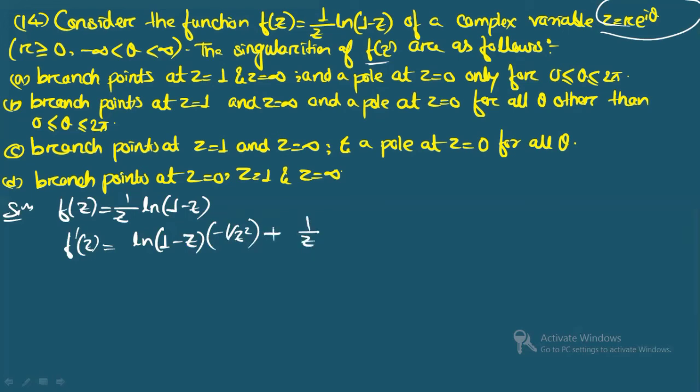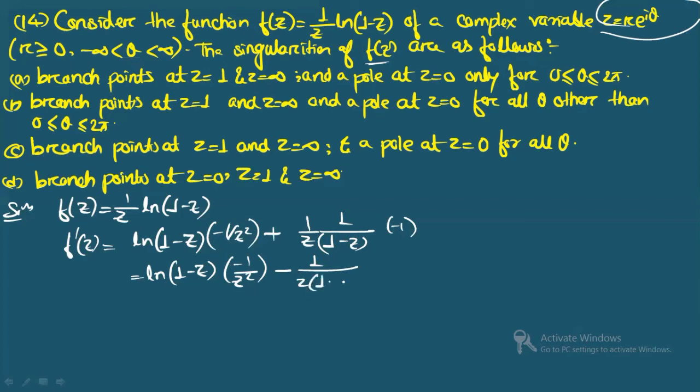Again, I'm taking plus; this time I'm keeping 1 by z constant, and ln(1 minus z) will give 1 by 1 minus z, and here I will have minus 1. So finally it is ln(1 minus z) into minus 1 by z square, minus 1 by z into (1 minus z).